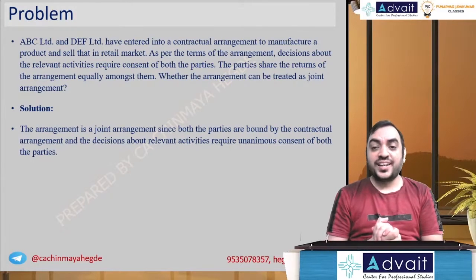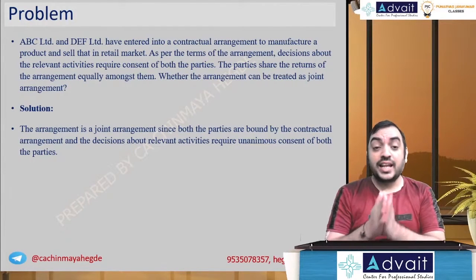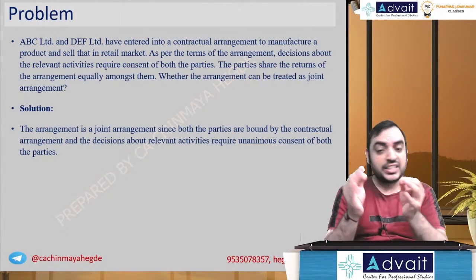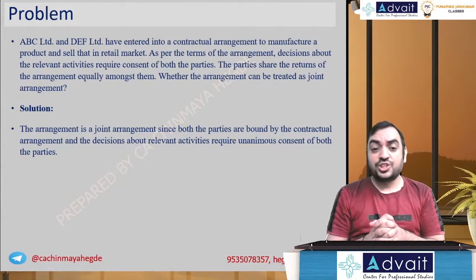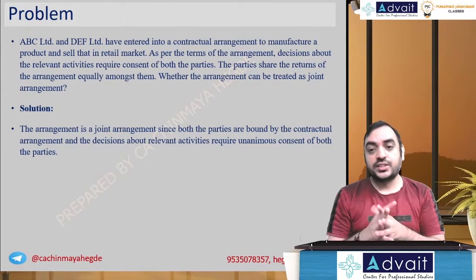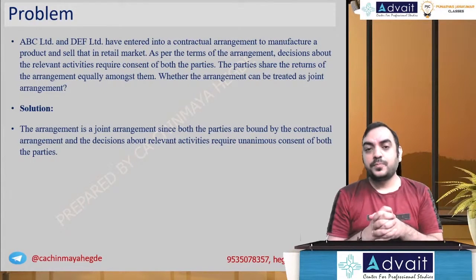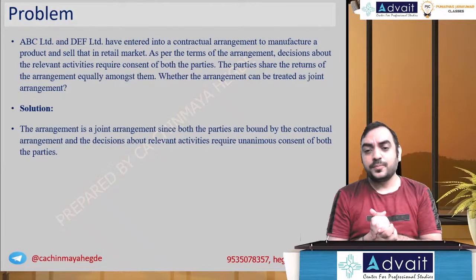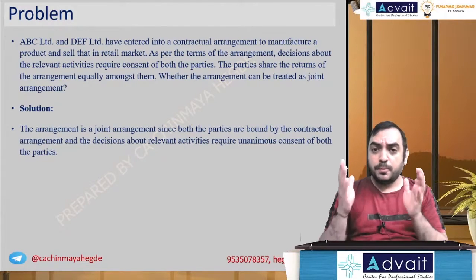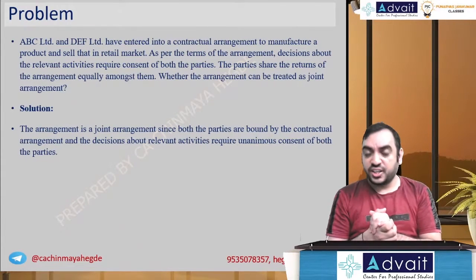As per the terms of the arrangement, decision about the relevant activities requires consent of both the parties. The parties share the returns of the arrangement equally amongst them. Whether the arrangement can be treated as joint arrangement. This is a typical case of joint operation because you see both the parties' consent is required.